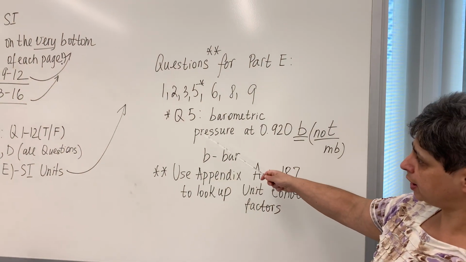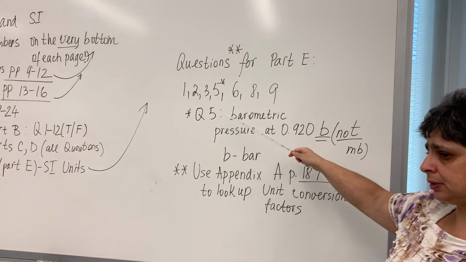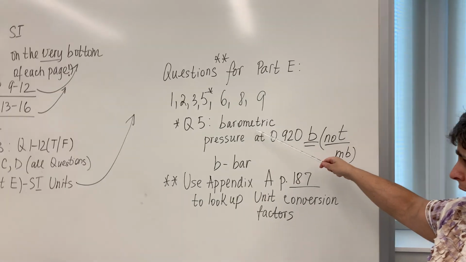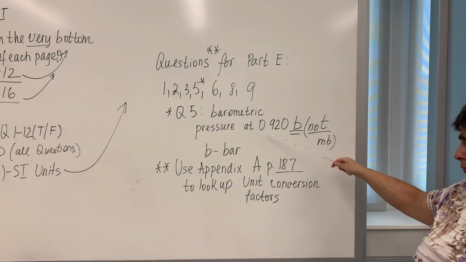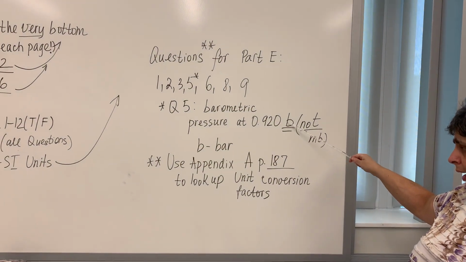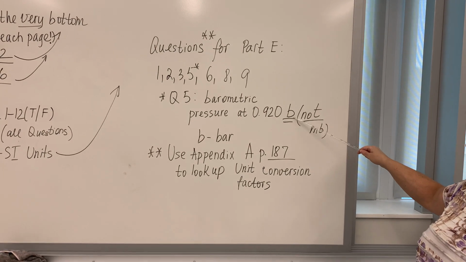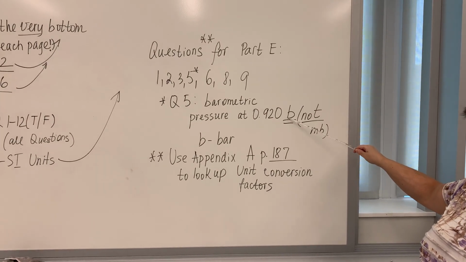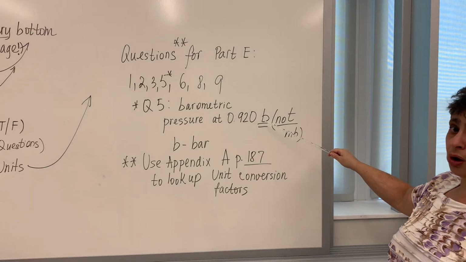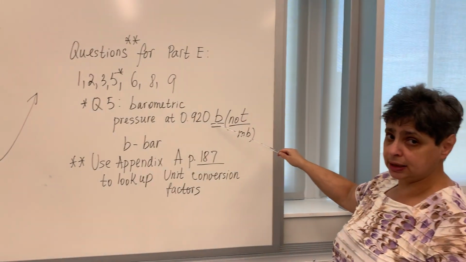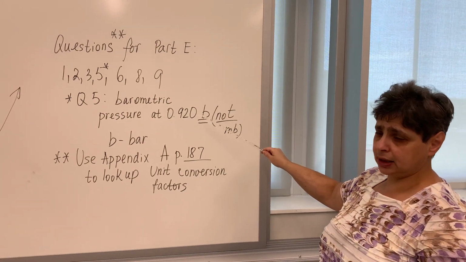A couple of important points. For question 5, there is a typo in the problem. It says barometric pressure of 0.92 MB. It has to be just B, not MB, so make sure you fix that. And this is how I will know who watched the video to the end, because if you don't, you're going to get that wrong.